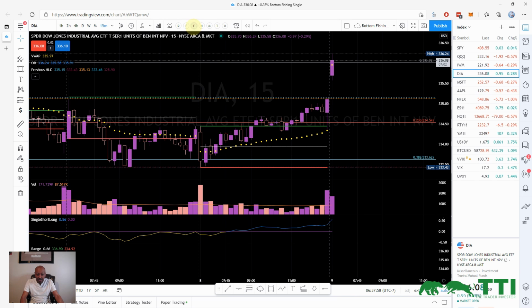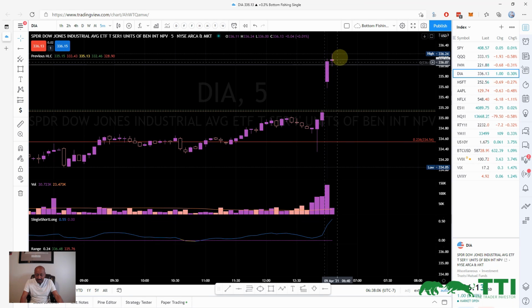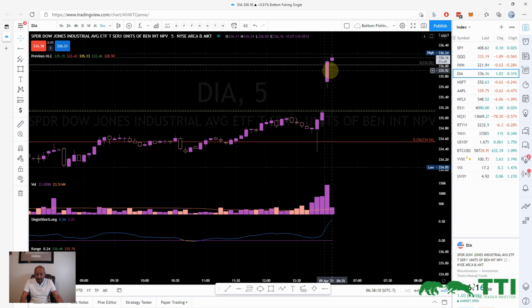As you can see, a close above this bar is my entry. So I need to wait for the 10-minute period to finalize, the second 5-minute bar to close, to have a strong belief that this is going to continue its upward movement.